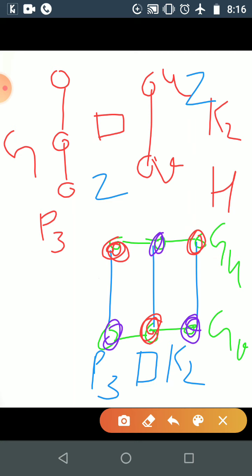So the chromatic number will be 2, and that is the maximum of both. And in the earlier one where we found the Cartesian product of K1 with K2, it was K1 only, correct. So here it will be 2, that is the maximum of the chromatic numbers of K2 and K1.